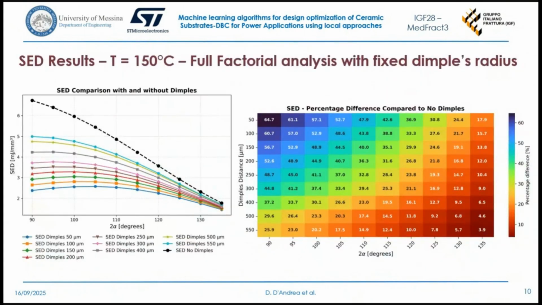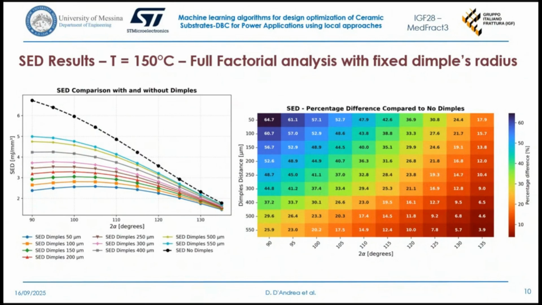Here I reported said result for several configurations in which dimples are inserted at different distances from the notch, and it can be observed also the no dimple configuration in black. But the interesting part is the graph on the right, in which can be observed the percentage difference between every configuration in dimple positioning with respect to the no dimple configuration.